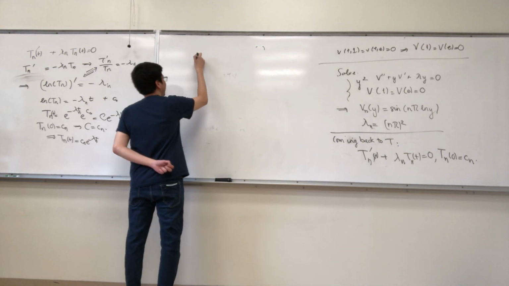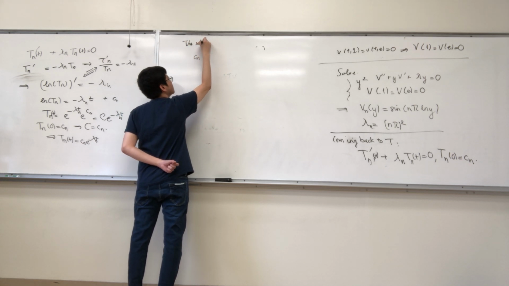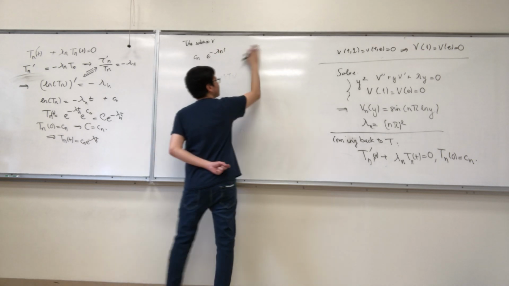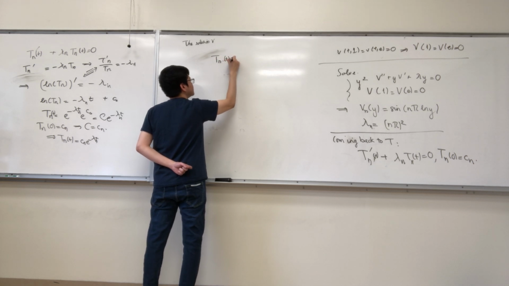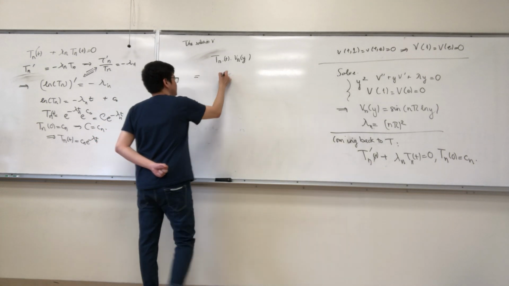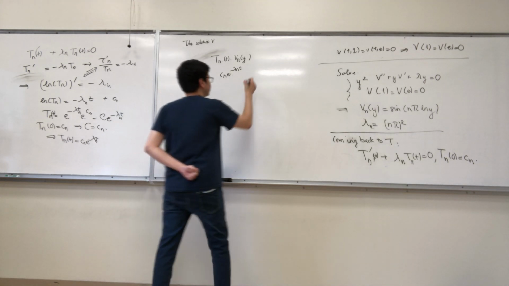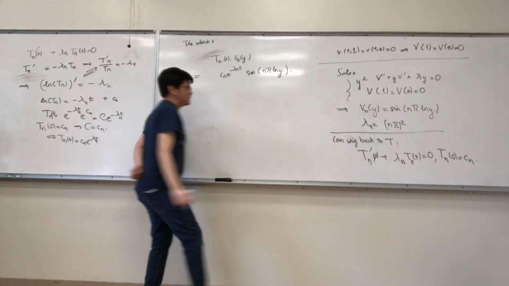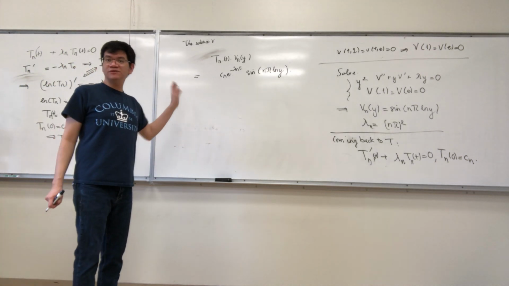So the solution will be Tn times Vn of y, and this gives you Cn e to the power minus lambda n t, sine of n pi y. Right? So you have a series of solutions. What you do is you have to sum all of them.